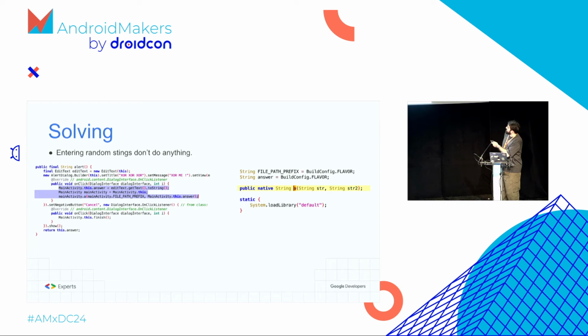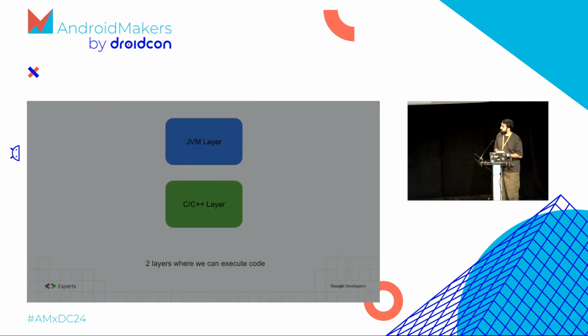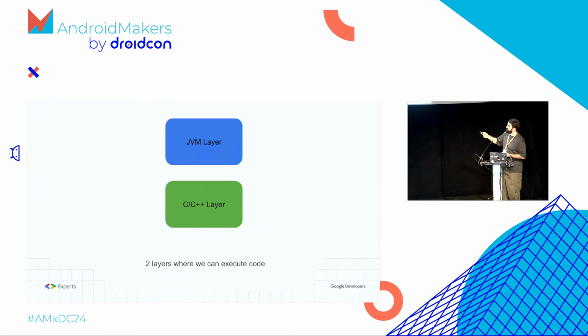So the answer is build config flavor. Flavor is empty, so initially it's empty and assigned after the input. File prefix, we already know it got the application directory. So we have to go one layer below, according to this scheme.